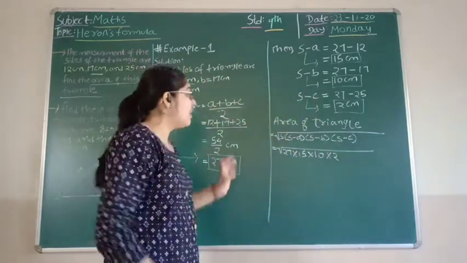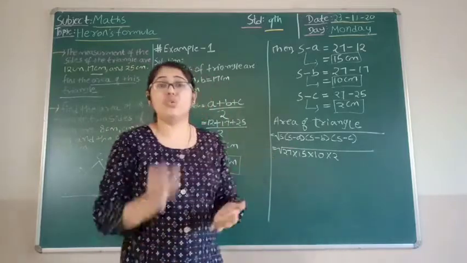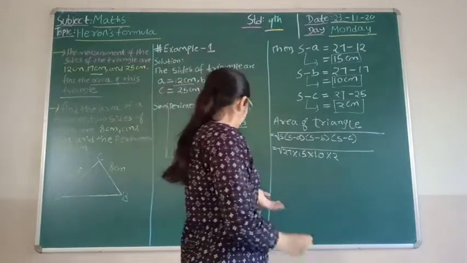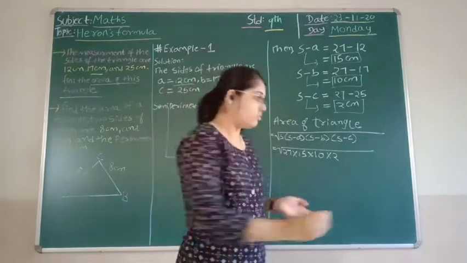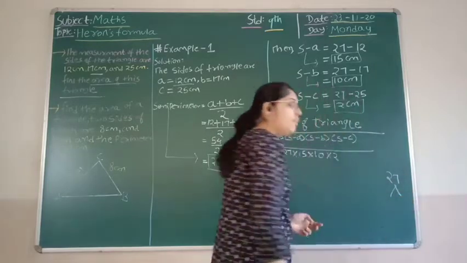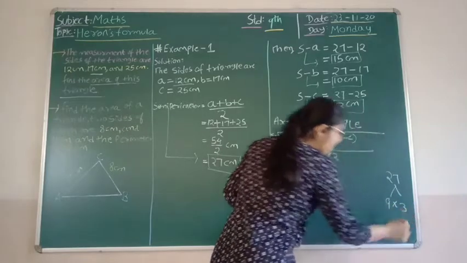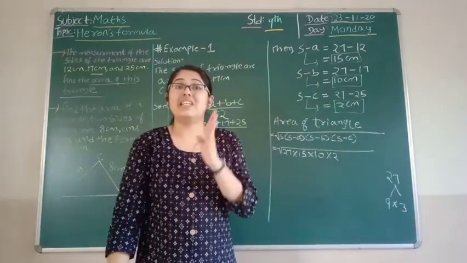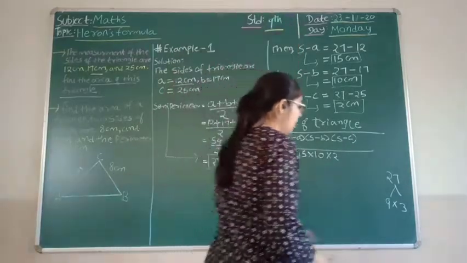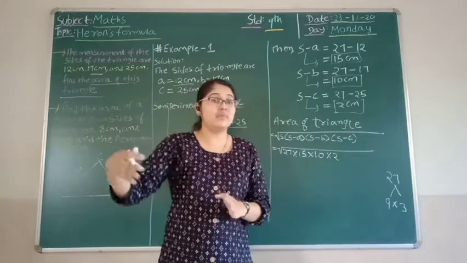Now students, we will factorize this. How do I factorize? As I know, 27, if I have to factorize 27, it will be 9 into 3, that 9 multiplied by 3 is equal to 27. Now again, if I factorize 9, I am going to get 3 multiplied by 3.